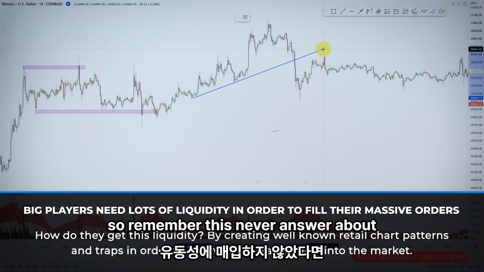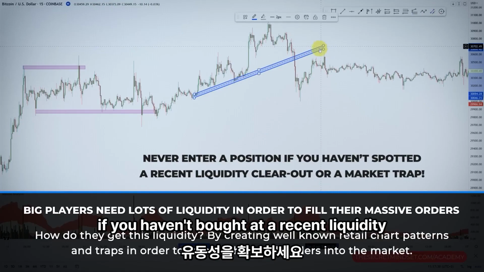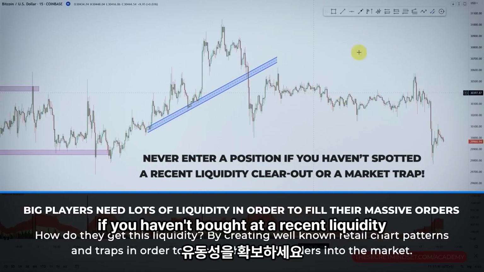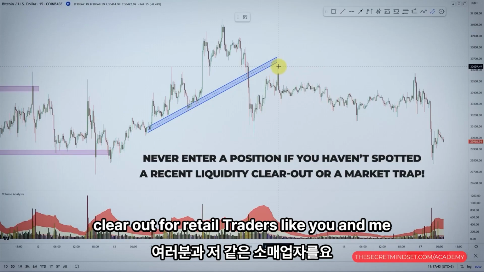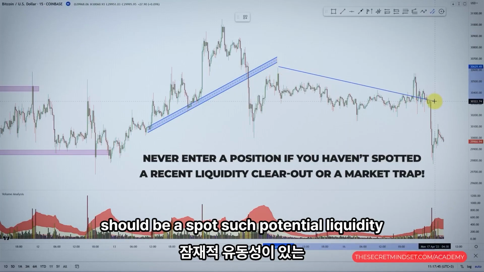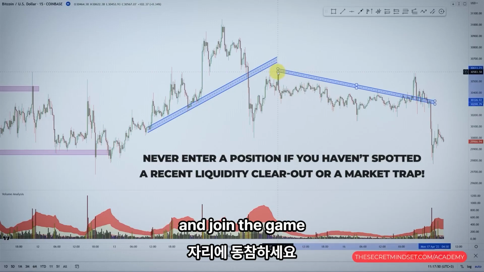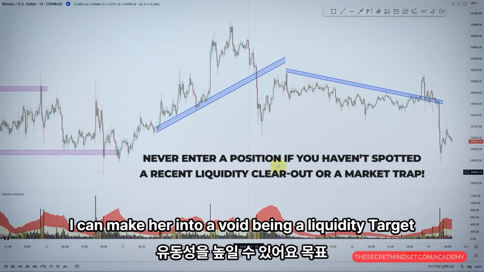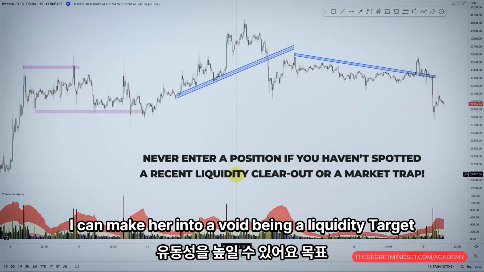So remember this, never enter a position if you haven't spotted a recent liquidity clearout. For retail traders like you and me, the aim should be to spot such potential liquidity zones and join the game of the market maker, and to avoid being a liquidity target.